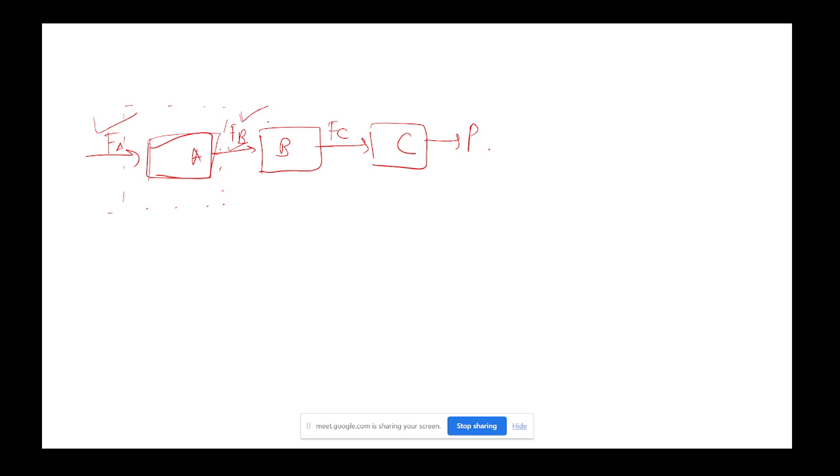Now you know FB, then you can apply the balance in the subsequent systems. So if you have a series of such systems which are not interconnected, you can consider one single process unit at a time, solve that process unit and use the data obtained from one process unit for the calculations in subsequent process units.